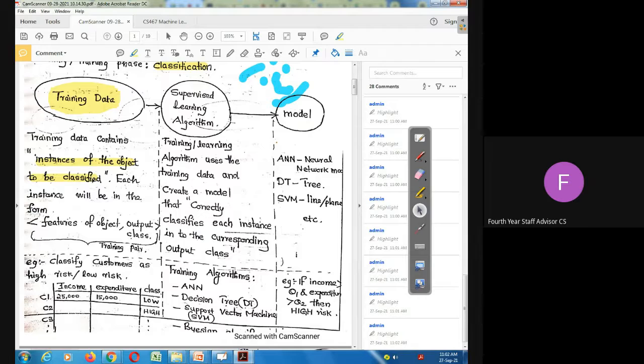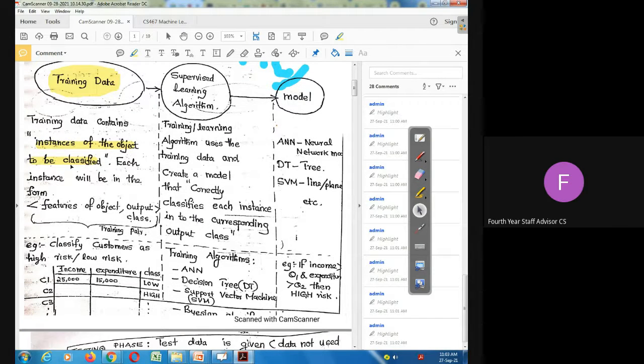For example, apple is there, mango is there, etc. Okay, so the training data contains sample images of different objects to be classified. There will be an image of apple, there will be an image of orange, there will be an image of bananas, etc. So this is about the training data.